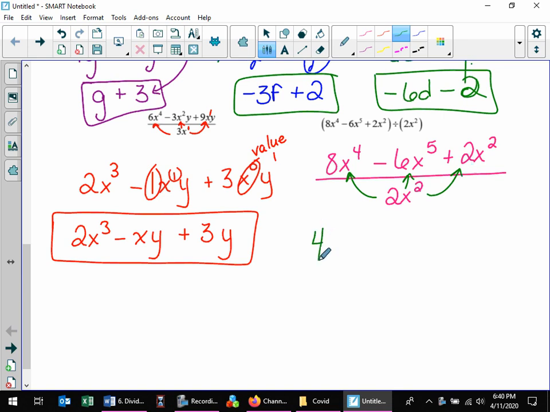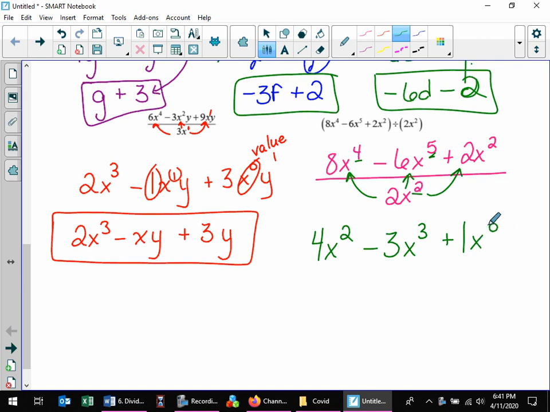I write down the x, and we subtract the exponents. So 4 minus 2 is 2. That's good. So negative 6 divided by 2 is a negative 3. Write down the x. 5, subtract the 2 is a 3. And then we have 2 divided by 2, so that's going to be a 1. And then we keep the x, and then 2 minus 2 is 0.